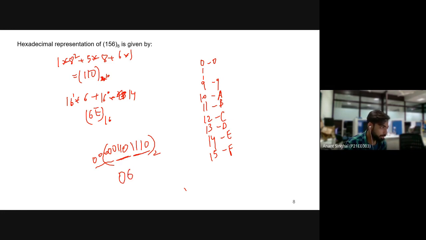And then the next is 1110. This is 14 in decimal, which is 8 plus 4 plus 2. 14 is denoted by E in hexadecimal. So this is nothing but 6E to the base 16.